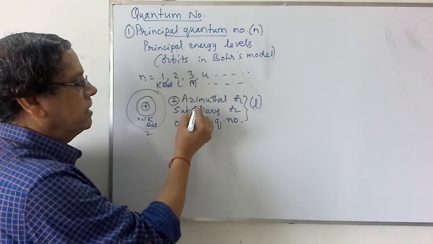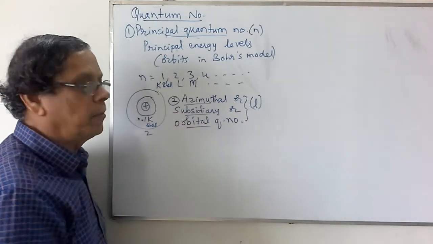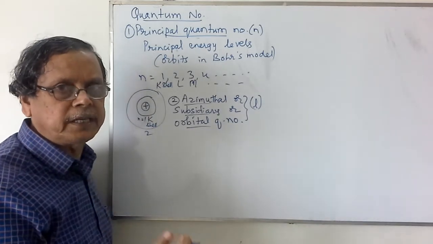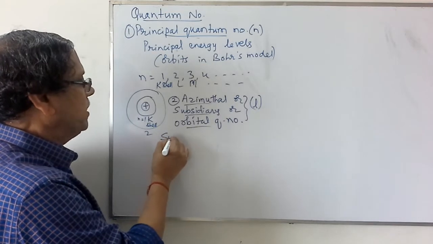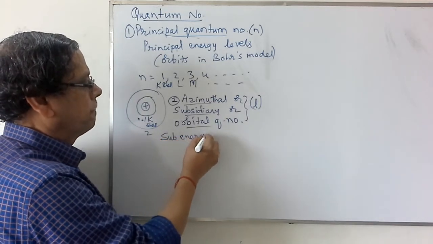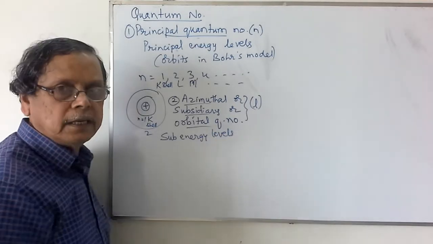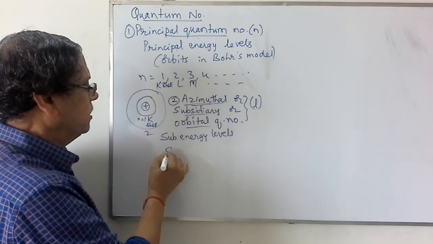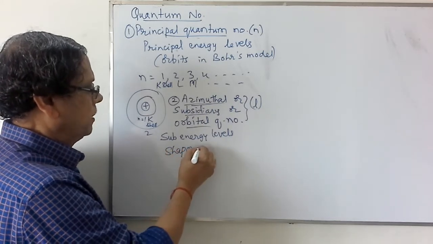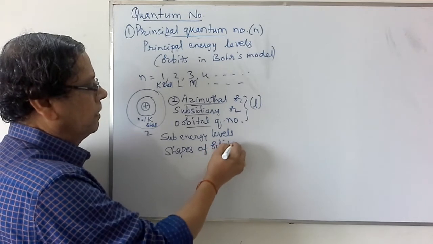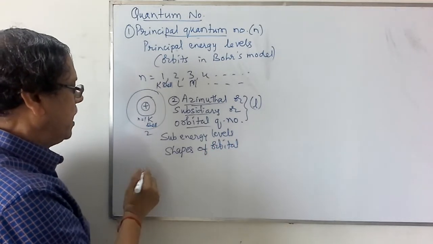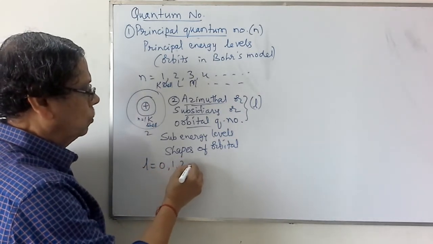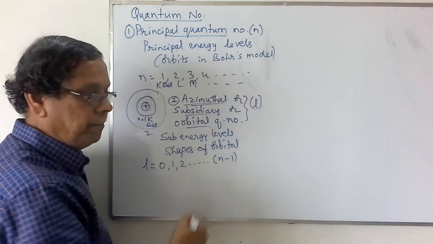It indicates the sub-energy levels that are present in the particular orbit, that is, the sub-energy levels present in the various main energy levels. And this azimuthal quantum number also indicates the shapes of orbitals. This l value can have the values of 0, 1, 2 up to n minus 1.